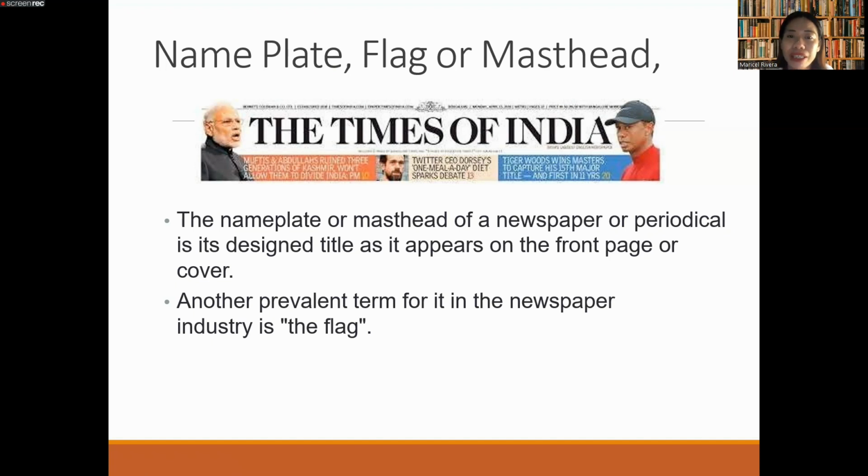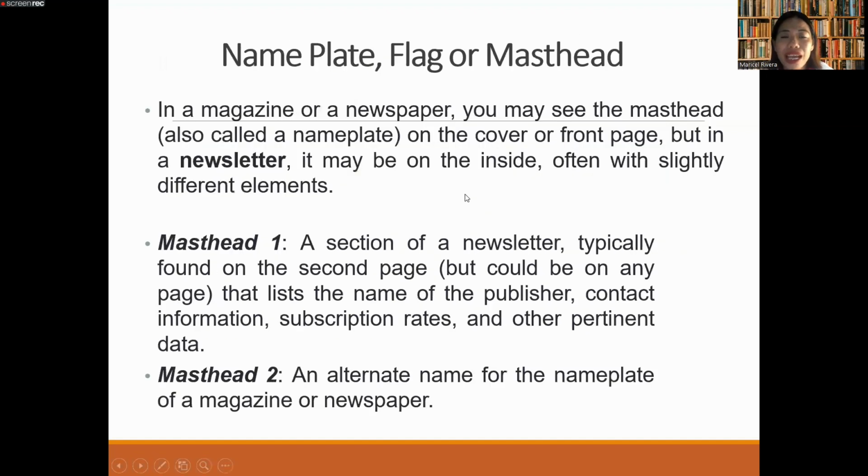Now, there is another prevalent term for it in a newspaper. We call it also the flag. So the nameplate is also known as the flag. And in a magazine or a newspaper, you may see the masthead. The masthead here is also called a nameplate on the cover or front page. But in a newsletter, it may be on the inside, often with slightly different elements.